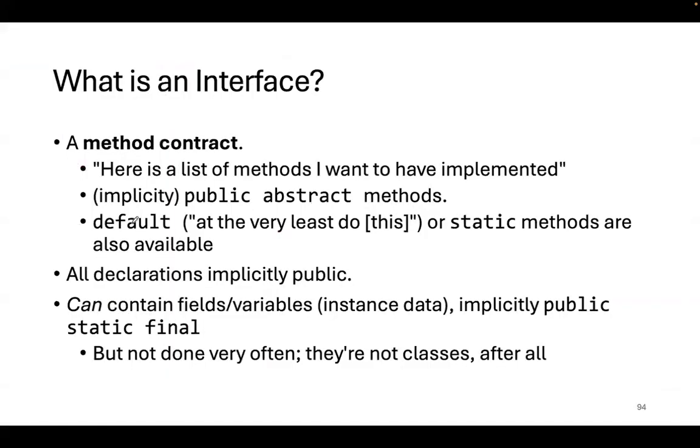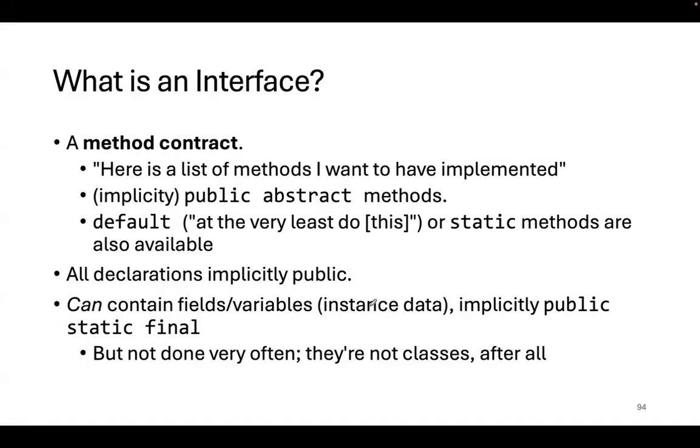You can have some default methods to say, like, at the very least, do this. You can have static methods. All declarations in an interface are implicitly public. It can also contain fields and variables, but those are implicitly public, static, final.